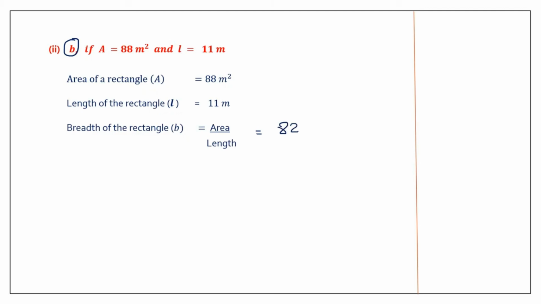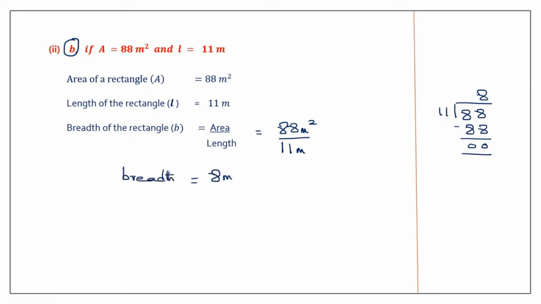So we have 88 meters square divided by 11 meters. So dividing 88 by 11, 11 eights are 88. So minus 0. So 88 by 11 is 8, and this is meters since we are finding the breadth of the rectangle. So we have found our answer to be 8 meters, a final answer.